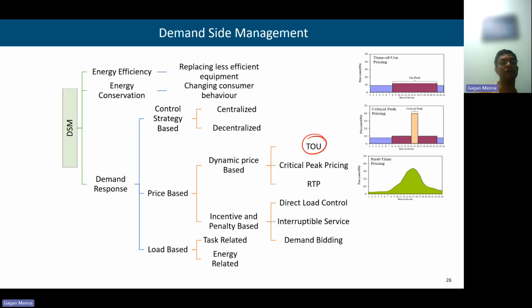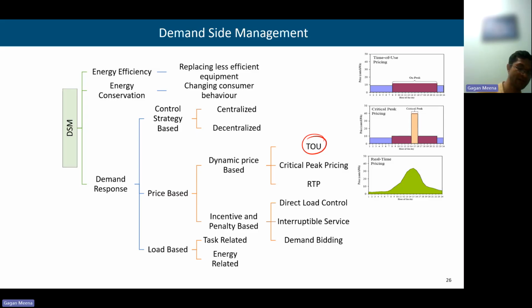And then apart from dynamic pricing based, there is incentive and penalty based. And the three examples in this case are direct load control, interruptible service, and demand bidding. Last one is load based. Here we have two types, task related and energy related.